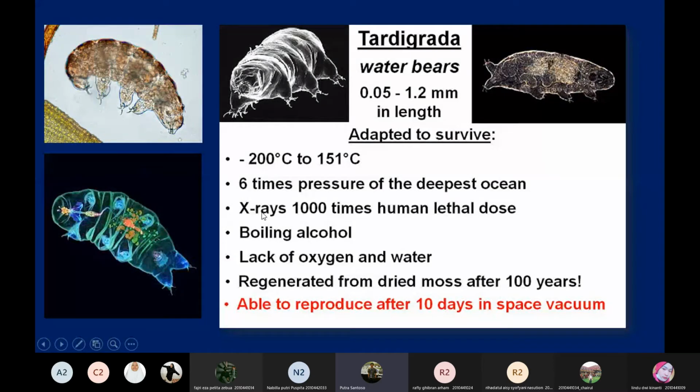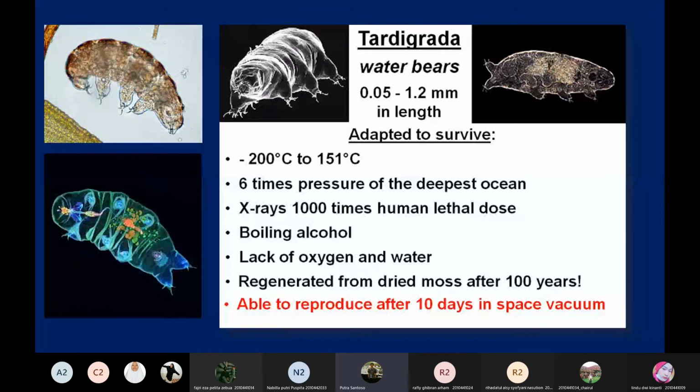And also, could you imagine here, as compared to human, jadi ketika dibandingkan dengan human, sel-sel pada tardigrade ini 1000 kali lebih kuat dia dengan menghadapi radiasi X, sinar X, as compared to humans. So why? It is due to also because the material genetics itself has this shield.